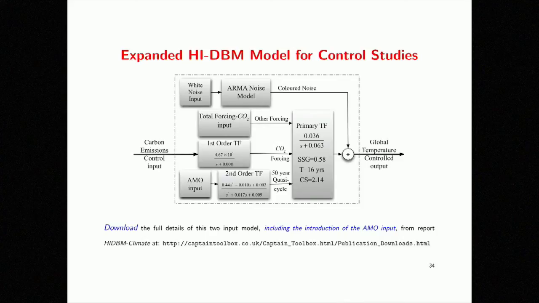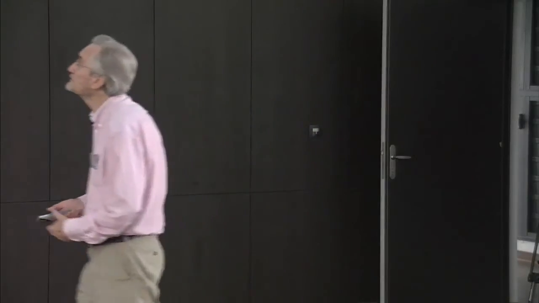So I can put that block in. This is the other forcing, not the CO2. That goes into the transfer function. And at the top is the coloured noise. And the coloured noise, when I've taken the cycle out, is a quite high order autoregression, suggesting there's still quite a lot of colour there. But it's fairly small variance.